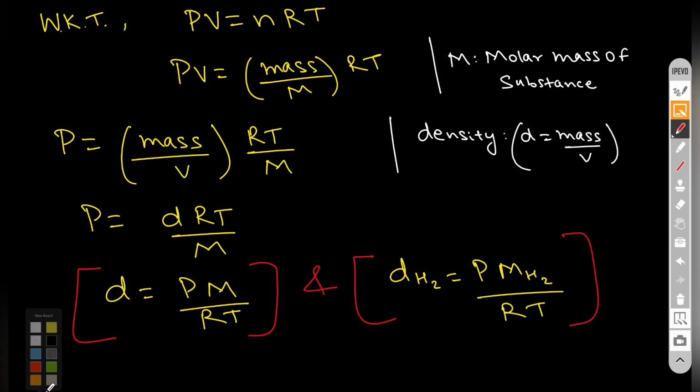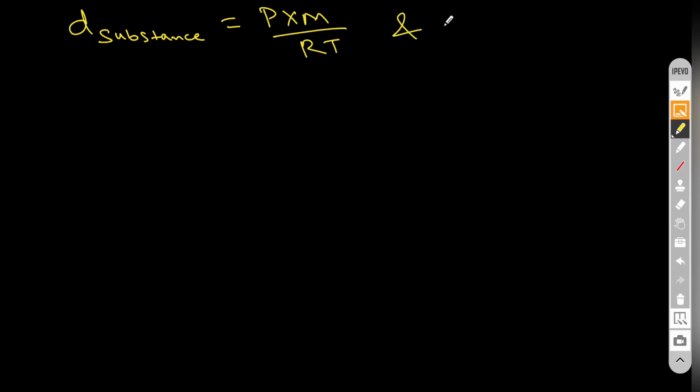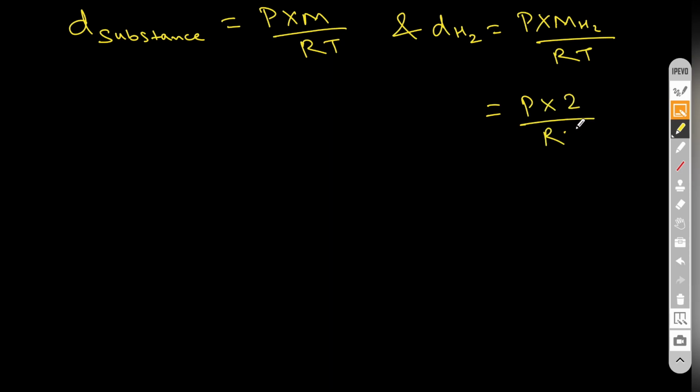Now continuing this on the next page, density of substance is P into molar mass of that substance divided by RT, and density of hydrogen is P into molar mass of hydrogen divided by RT. So molar mass of hydrogen is 2, so P into 2 by RT.